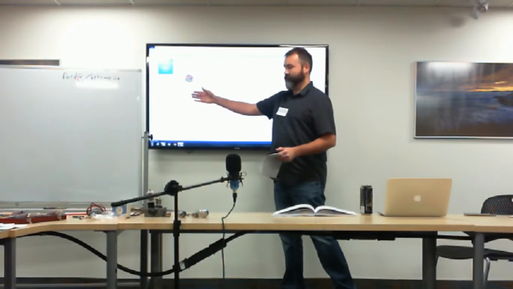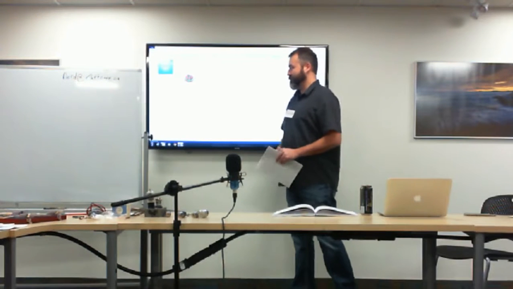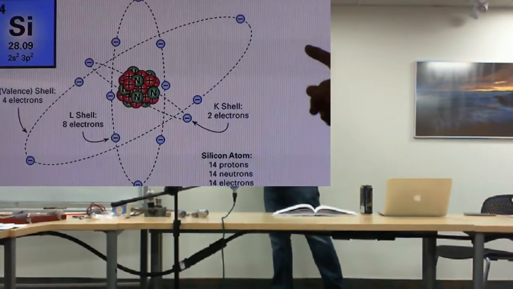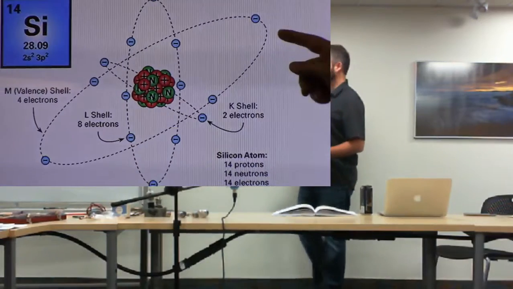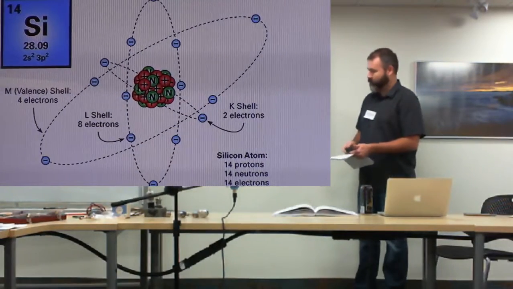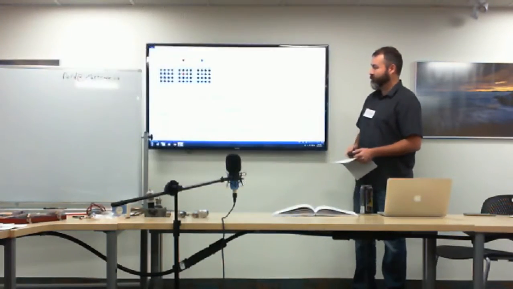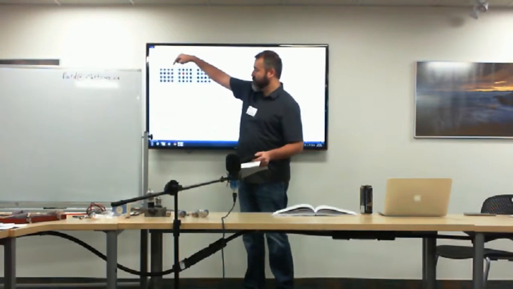As you can see, this is a conventional drawing of an atom with electrons. It's not the current theory of the way they are, but for visualization purposes, we have the outer valence shell, which has 4 electrons naturally. But when we create silicon wafers for semiconductors, we combine them into a lattice.